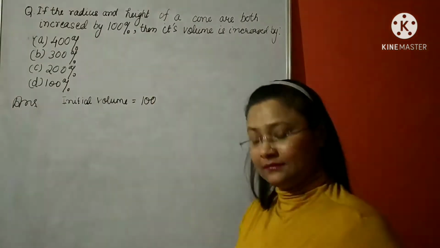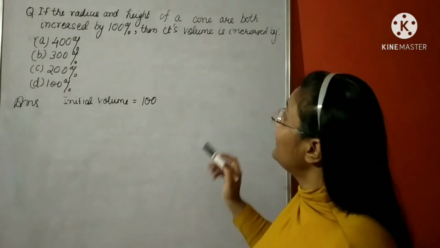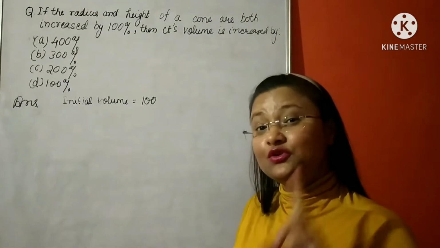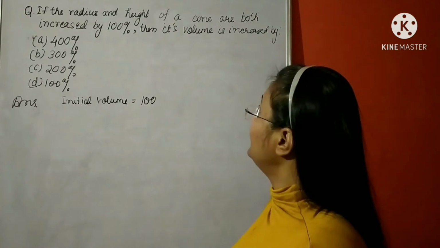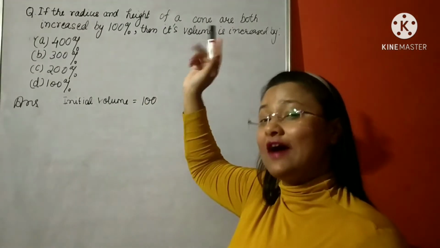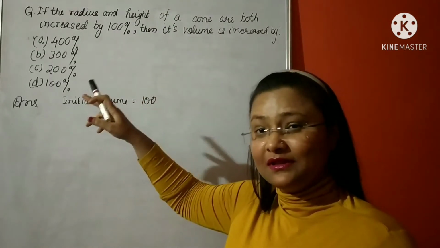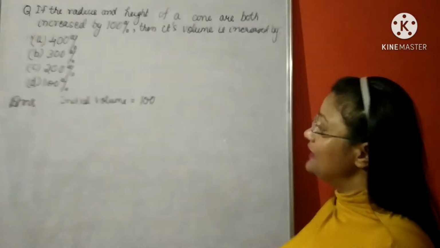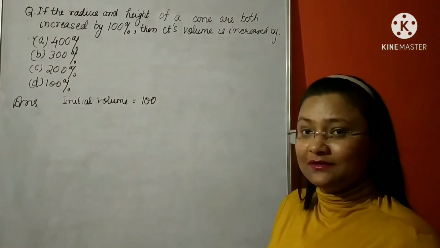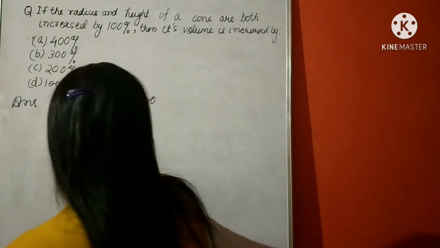100. Fine. So we are increasing it by 100% twice, once in the form of height and second time in the form of radius. So let us consider the 100% increase in height first.